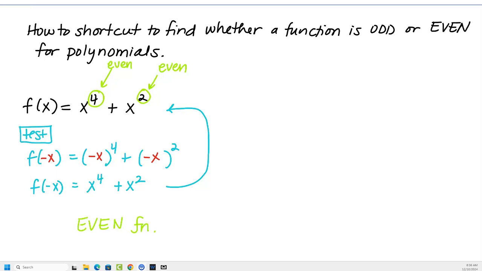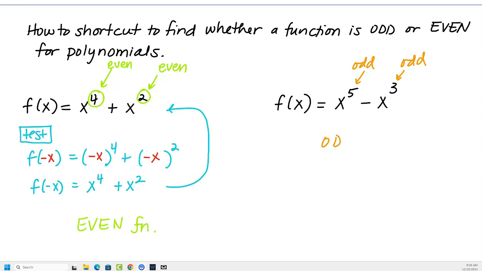So how do you think we determine if it's an odd function? It's going to be if it has odd exponents. So if I had x to the fifth minus x to the third, see how they are both odd here, odd and odd?